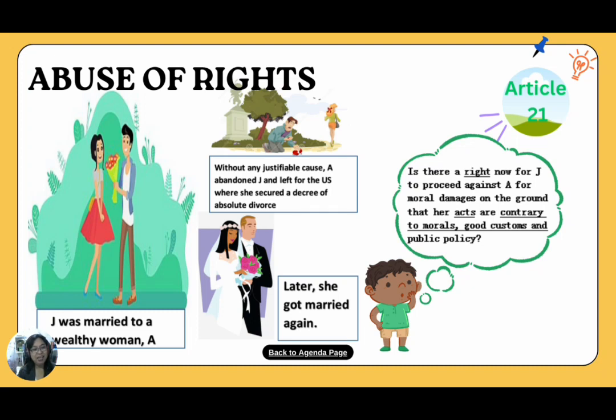J was married to a wealthy woman, A. Now, without any justifiable cause, A abandoned J and left for the US. And then she secured a decree of absolute divorce there in the US.